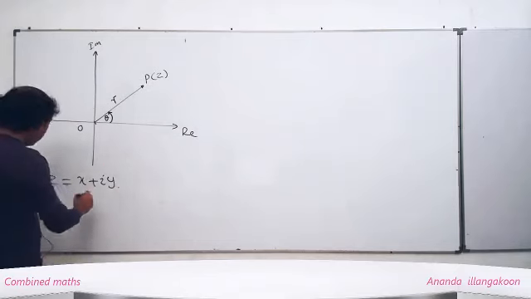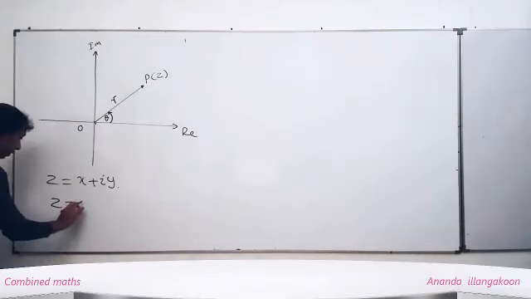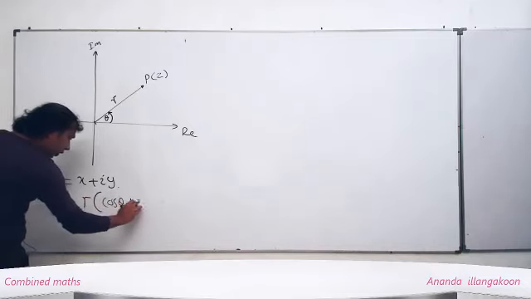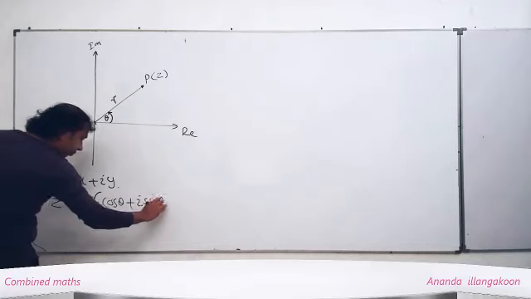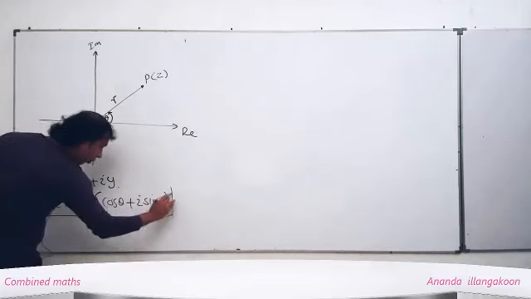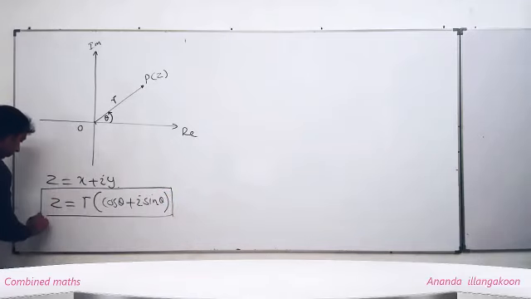This complex number Z, we can write as R times cos theta plus i sin theta. This is therefore called the polar form of the complex number.